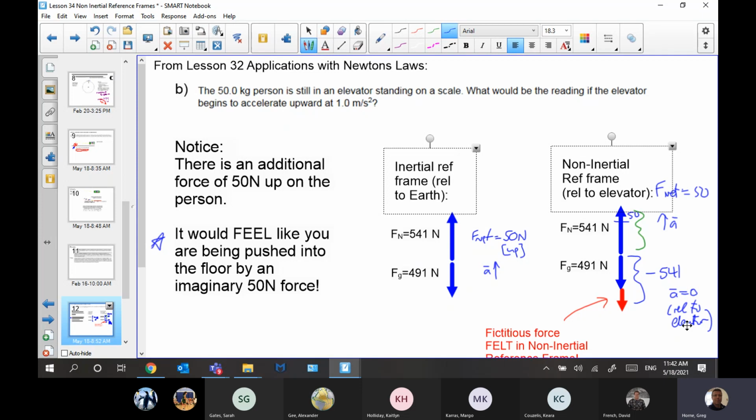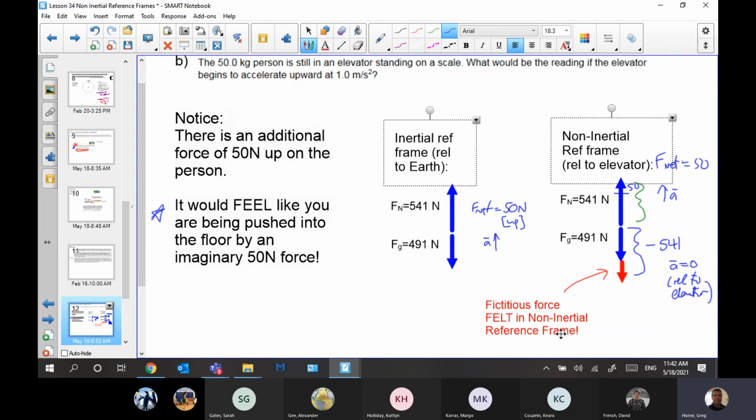And so you'd have to include a fictitious force in there, so that the 541 would balance with that. This is the feeling that you're being pushed into the elevator floor when it's accelerating up, right? So that's the fictitious force that we've already talked about.